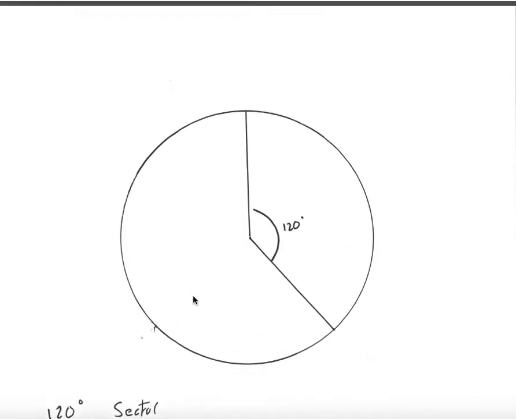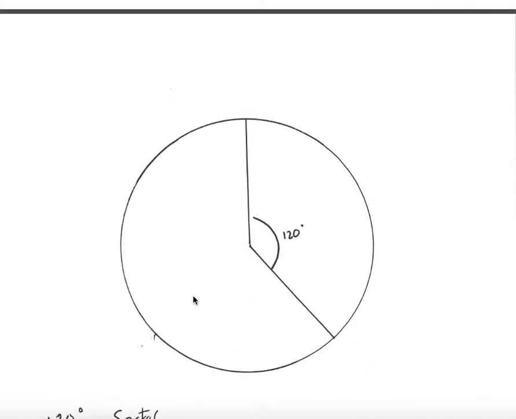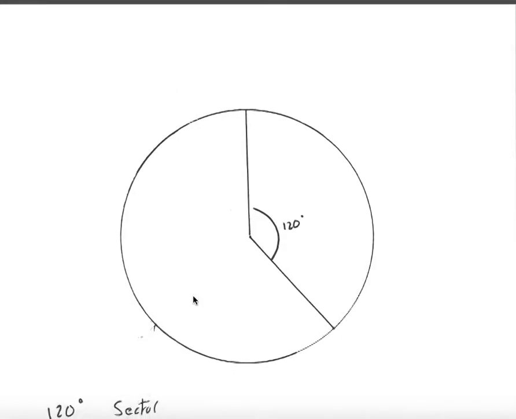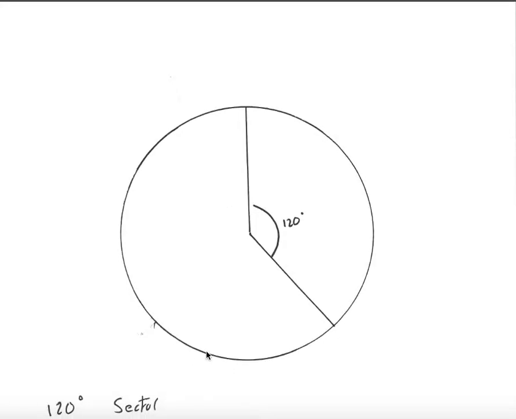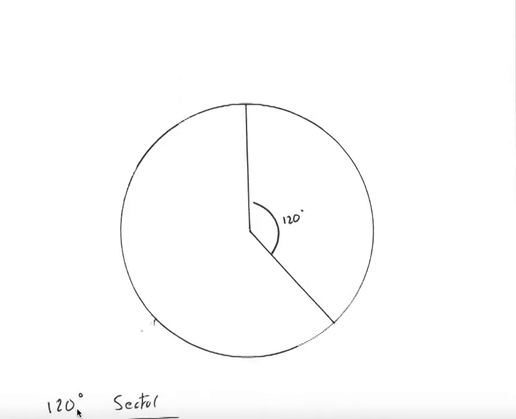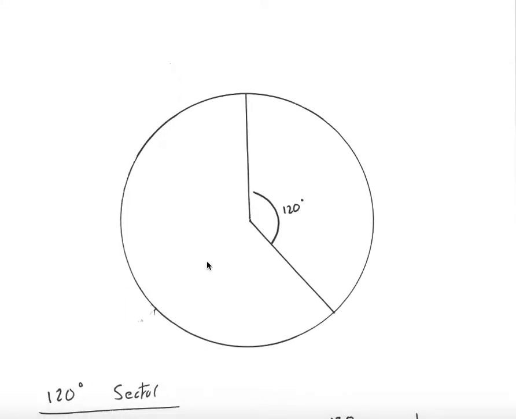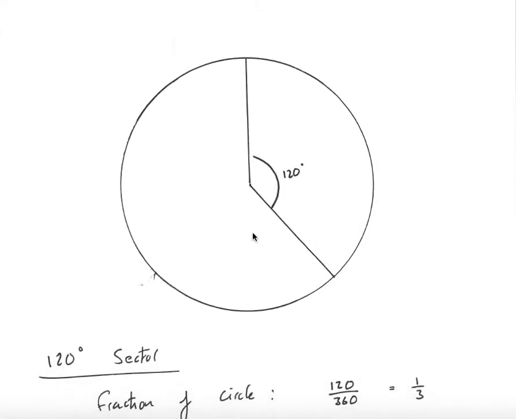What about if I'm dealing with a 120 degree sector? So this time I've changed it slightly. Instead of telling you the fraction of the circle that I want, like 1/4 or 1/6, I'm telling you the number of degrees. But I'm still dealing with the same thing. I've got to work out what fraction of the circle this is. Okay?